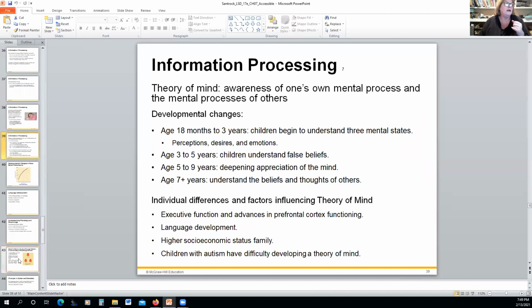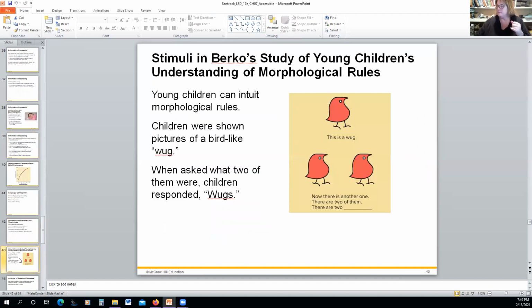So this also the idea of morphology with language. I will give you a whole video that actually will use wugs and tomas as an explanation. But it's a cool video that kind of shows that you can teach kids nonsense words, but they will actually try to use the correct grammatical changes.